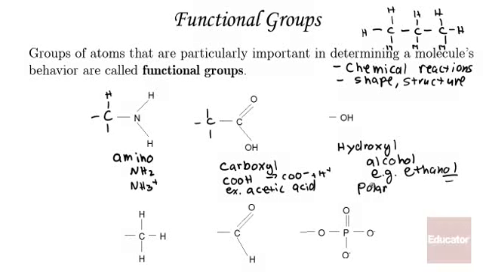These are polar because of the preference for the electron pair to this oxygen, the more electronegative oxygen compared to the hydrogen. So the bond between the oxygen and the hydrogen, the electron pair favors the more electronegative oxygen.